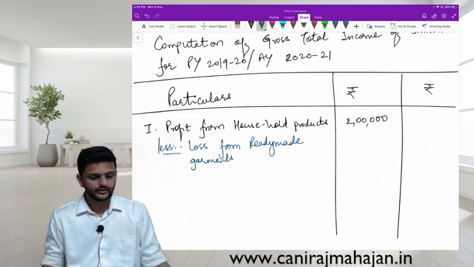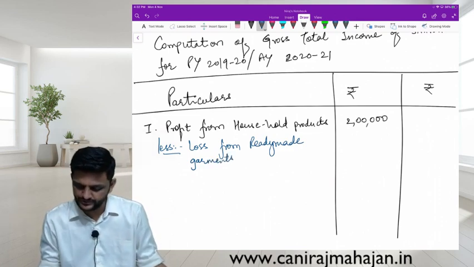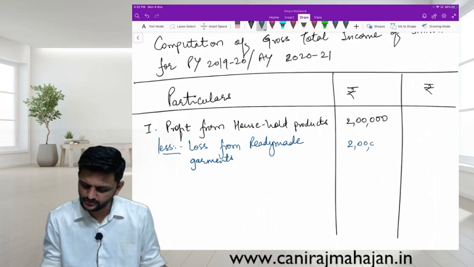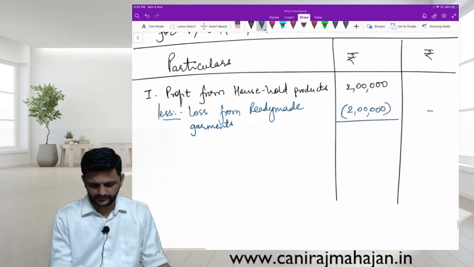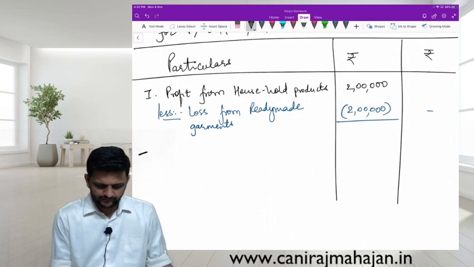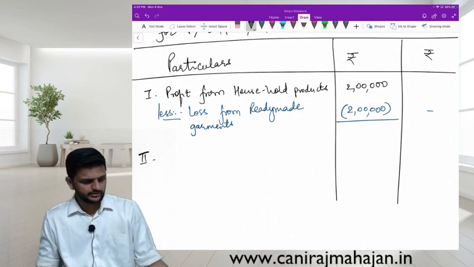How much? The loss is 3 lakhs, we can set off obviously 2 lakhs. Outer column, nil, correct. Then we have another business or any other income we have?